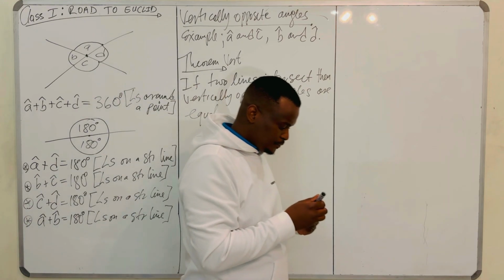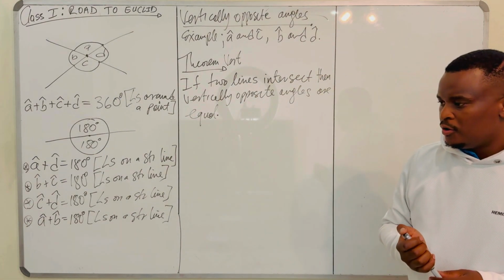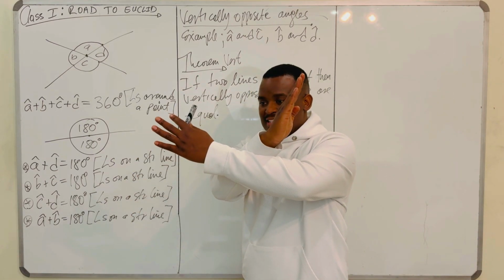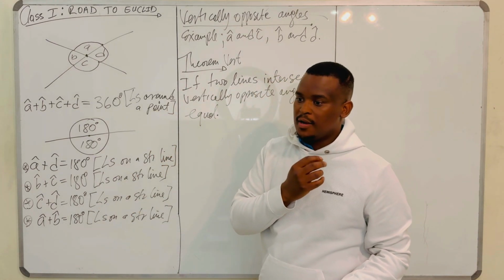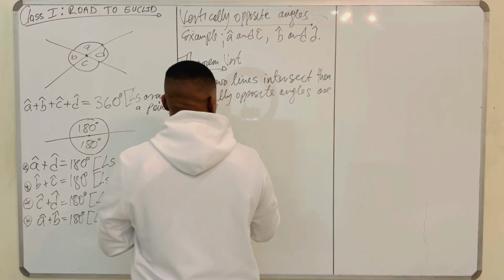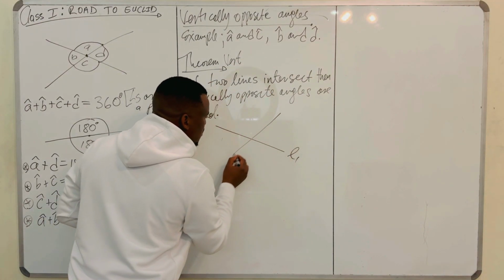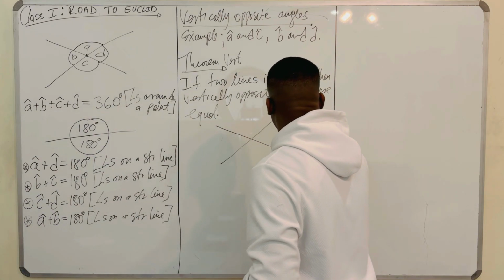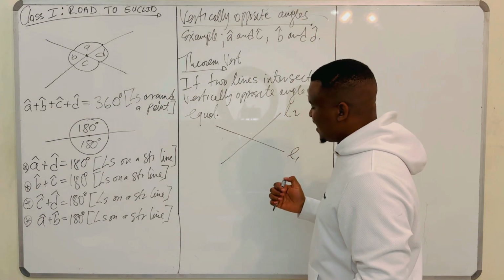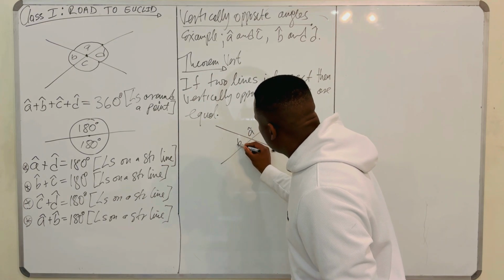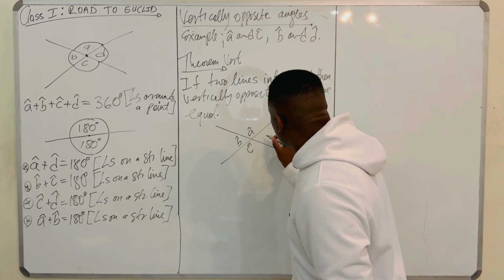Yes. So, I'm saying to you, if you have two lines that intersect, the vertically opposite angles will be equal. So, in this case, let's say we have these two lines. This is line number 1. This is line number 2. And they intersect. So, you have your angles A, B, C, D.